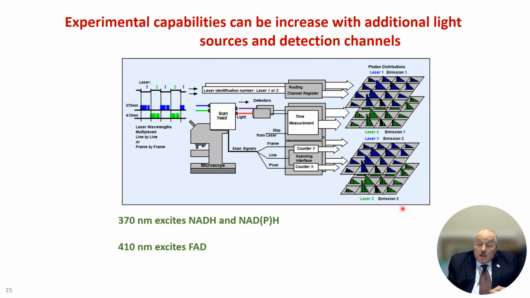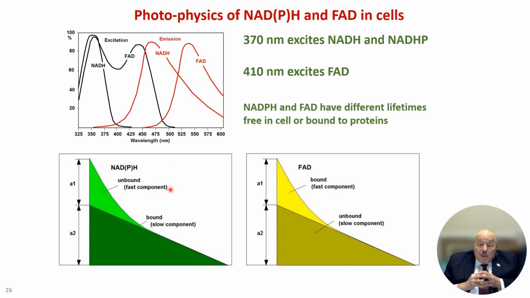This is going to be a cell experiment, and it was excited at two different wavelengths. 370 was chosen to excite NADH and NADPH. 410 was chosen to excite flavin adenine dinucleotide. Of course, now you need a couple of light sources, and you need a couple of circuits to measure the different color photons.